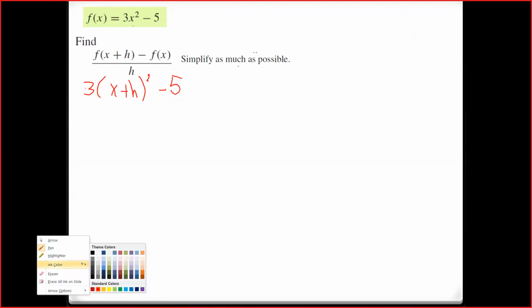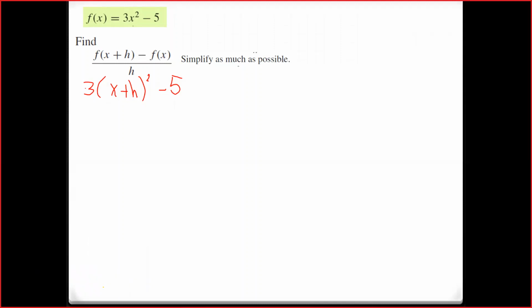Then minus, this is the first term. Now minus 3x squared minus 5. This is for f of x only, over h.